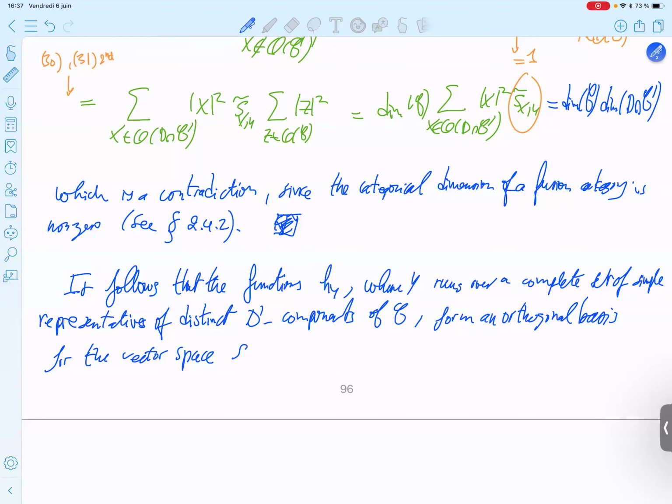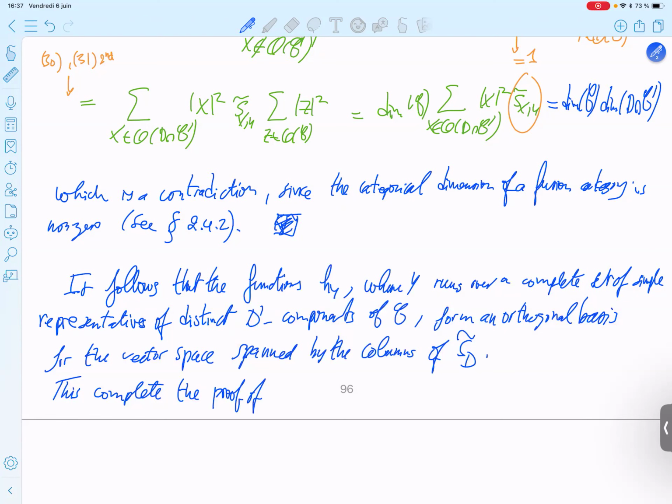Vector space spanned by the columns of S tilde index D. This completes the proof of theorem 3.4.